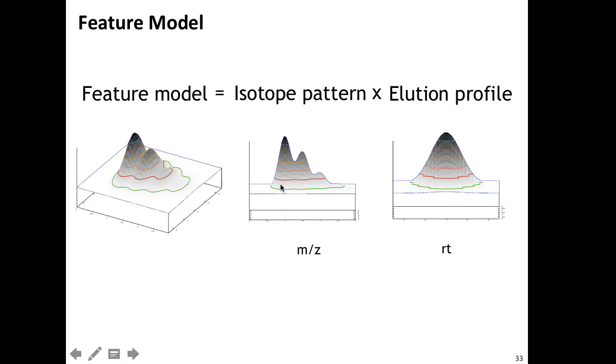And you see this here is now really low resolution data, but it sort of illustrates the idea a bit better than if you have just these distinct peaks. And in the retention time dimension, it's probably going to be a chromatographic peak, a Gaussian. And if you multiply the two, you get something like this, a two-dimensional feature model that you try to find. So it's basically a pattern recognition problem.